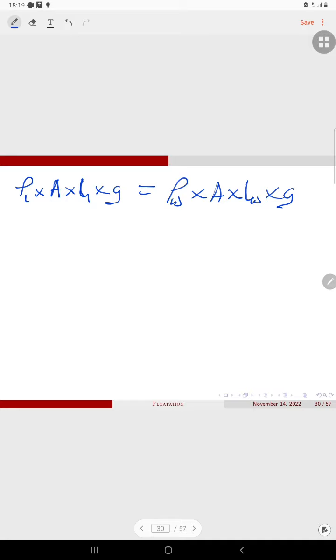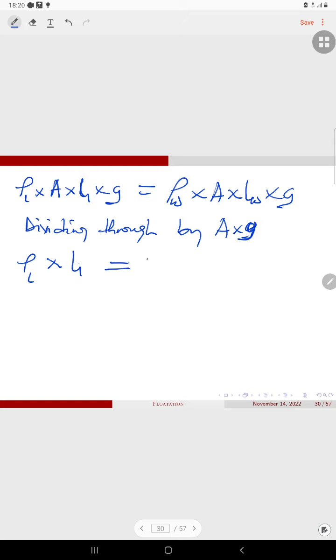It's the same hydrometer, so the cross-sectional area A will not change, and J will not change. If I divide through by A times J, what do I get? We are going to get rho L times LL is equal to rho W times LW.